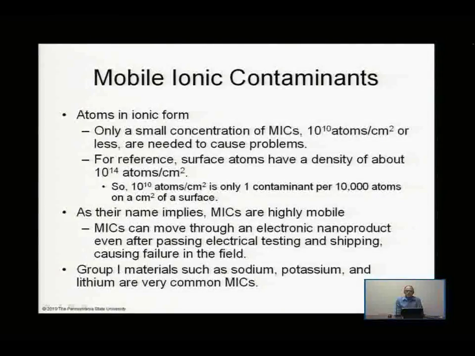They can move through an electronic product even after passing electrical testing and shipping, and they can cause failure in the field. And the group 1 elements, such as sodium, potassium, and lithium, these are the common culprits causing this kind of ion contamination, which is particularly disastrous for electrical devices.